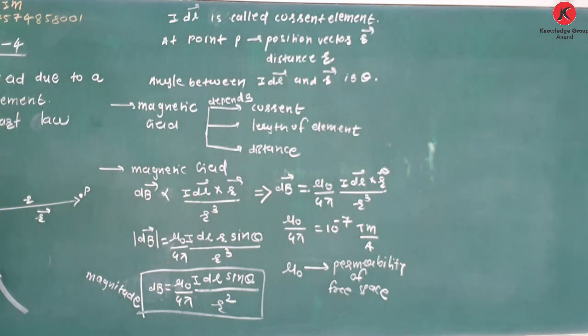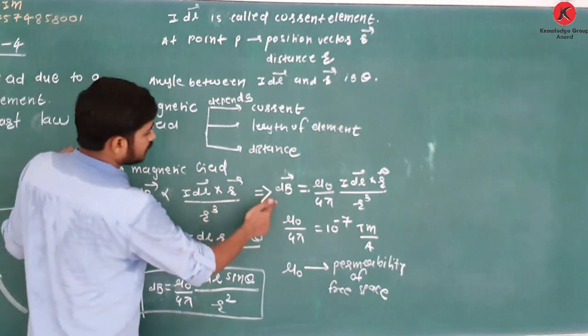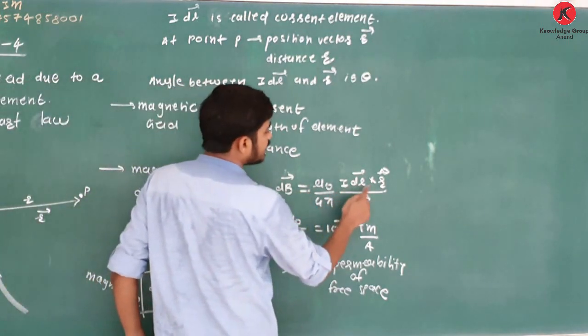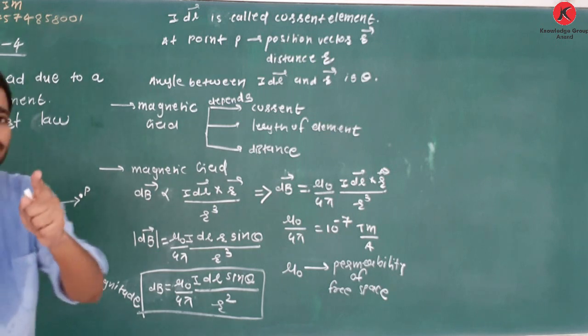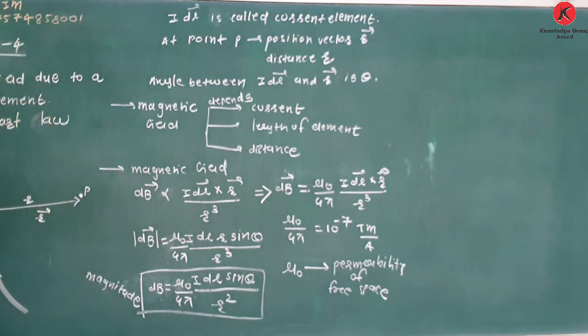Now what about direction? How to find direction? See this equation, dB is equal to mu 0 upon 4 pi I dl cross r. You know that whenever there is a vector product, its resultant is perpendicular to the plane of the two vectors. So yes, here I dl is in this direction and r is in this direction.